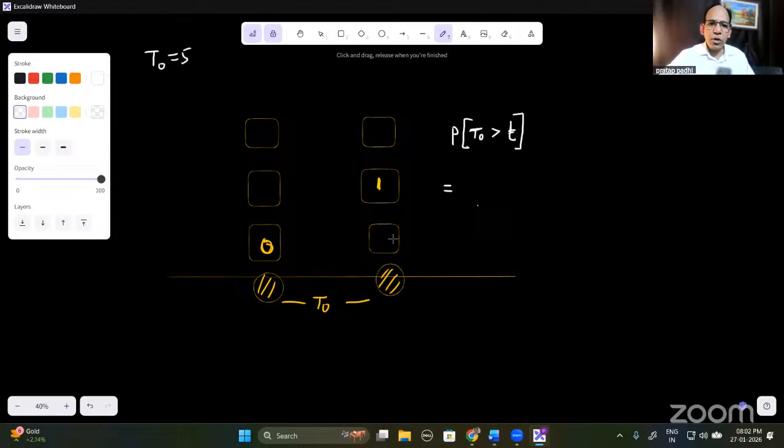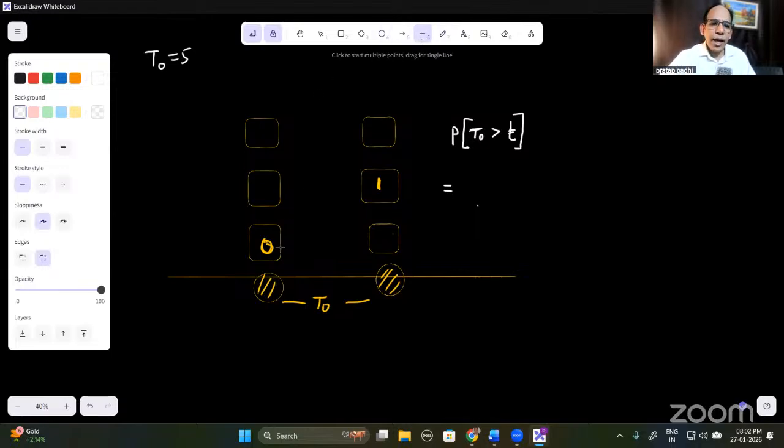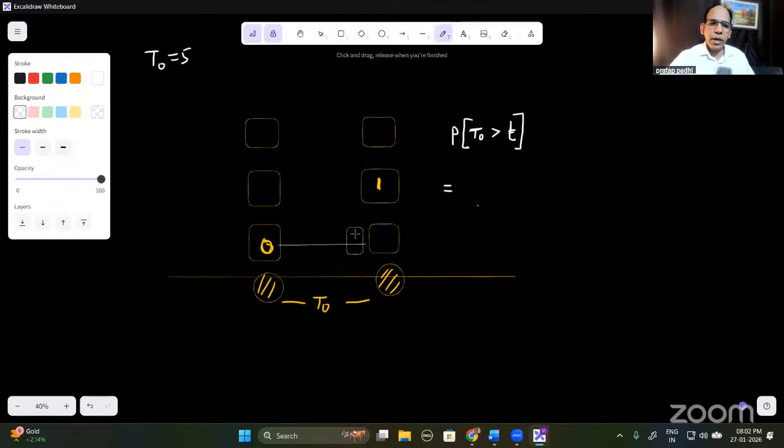That means after 5 minutes only, someone will come. This is not the typical state, this is the waiting time. In the diagram, it is 0, 0, 0, 0, all the time. Suppose 5 minutes, up to 4.99999, it was 0 only. This is T0, I've taken 5, 0 to 5 minutes.